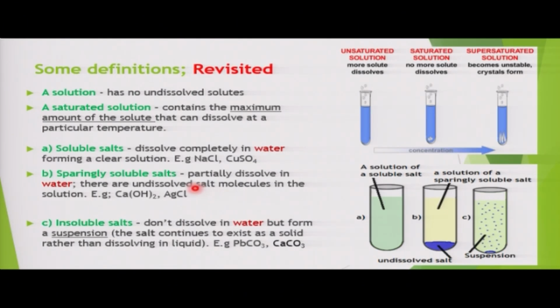A sparingly soluble salt, on the other hand, partially dissolves. What do we mean? It will set free some molecules or some ions, then it still has some other particles undissolved. A point to note here: a sparingly soluble salt, at any one moment, will always have undissolved salt molecules in its solution. I want you to distinguish it from the saturated solution.